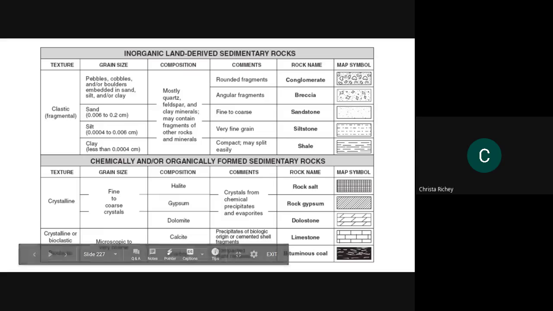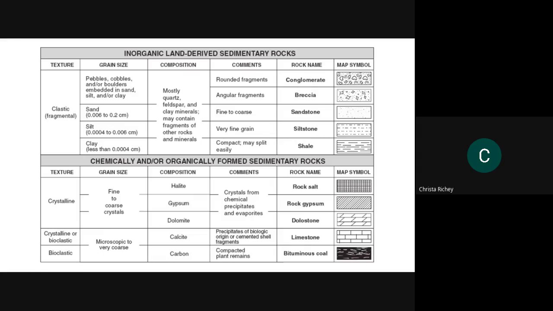You do need to know that your bioplastics are made from carbon. You need to know this. The bottom right one, the darker one, you need to know that that represents coal.